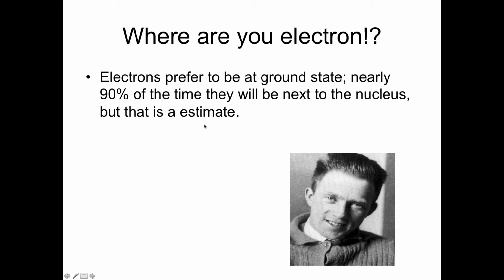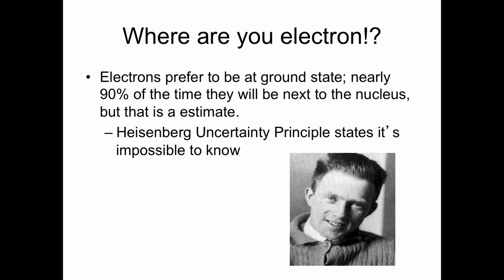The next guy you will find in the video, his name was Heisenberg, and if you guys are Breaking Bad fans, this is the guy that he was emulating, I guess. Basically, what Heisenberg says is about 90% of the time they'll be next to the nucleus. However, it's only an estimate. He had an uncertainty principle.